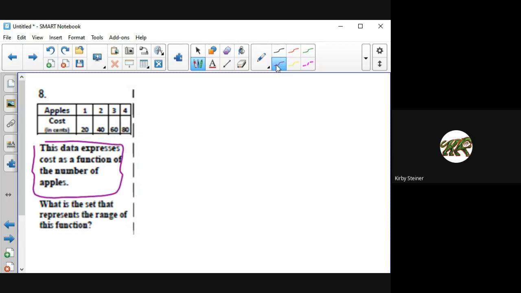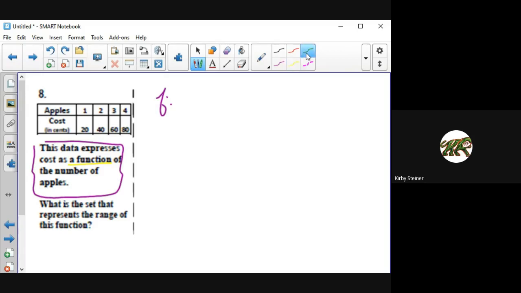So far we've been writing f is a function that maps from x to y, or from a to b. When we have word problems, we can use those words in our definitions of functions, right? So let's define a function. F is a function that expresses cost as a function of the number of apples.